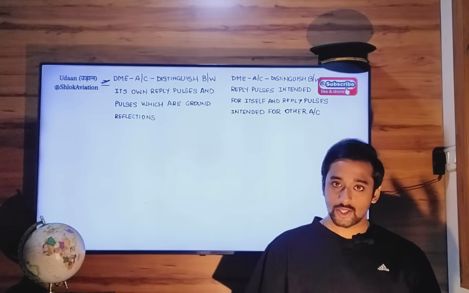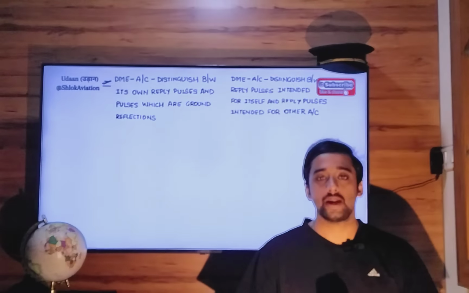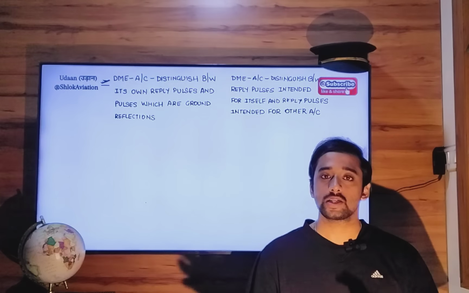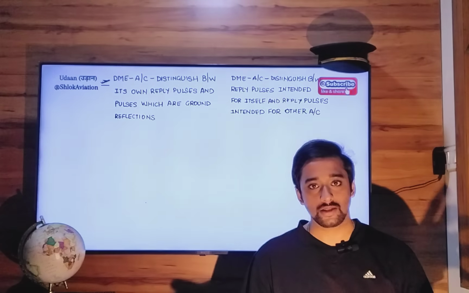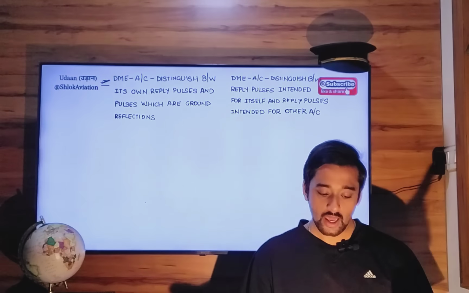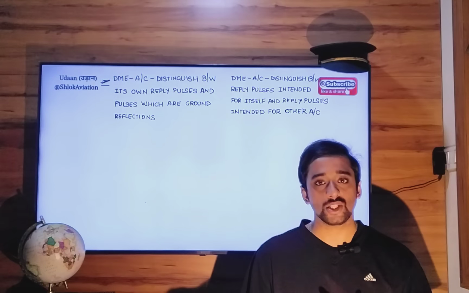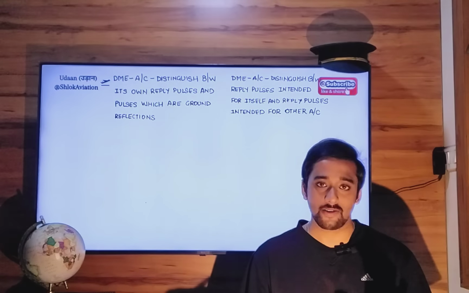Okay, so these are the two ways how DME equipment on board is able to distinguish between ground return and also the reply pulses which are not intended for itself but for some other aircraft.